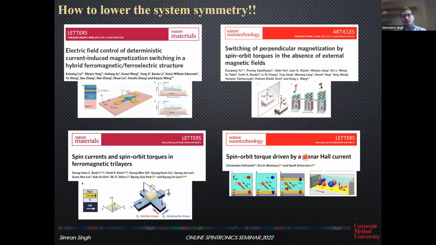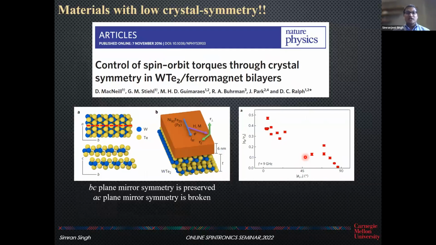But then one can also wonder: can we think of a spin source material where you can generate spins which are not oriented in plane, but tilted out of plane? Well, of course, the answer is yes. There was a very nice work coming out of the Cornell group back in 2016, where they looked at a material known as tungsten ditelluride.